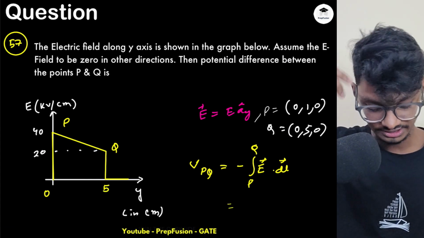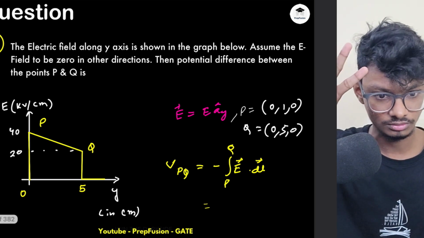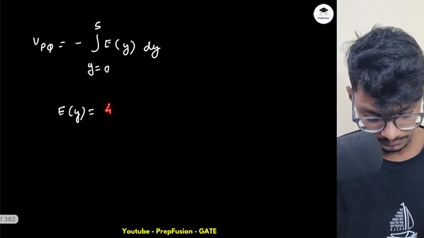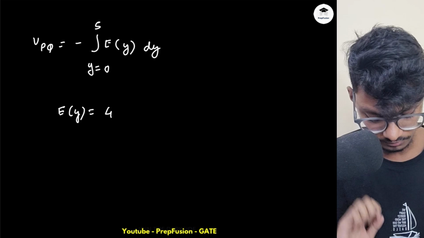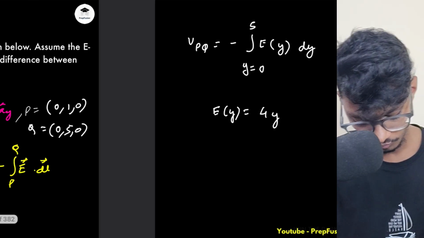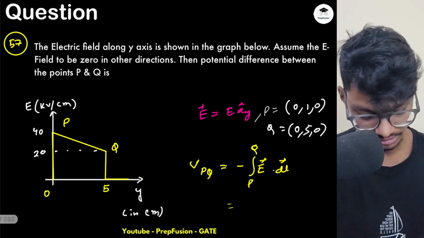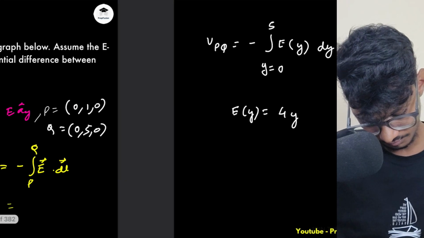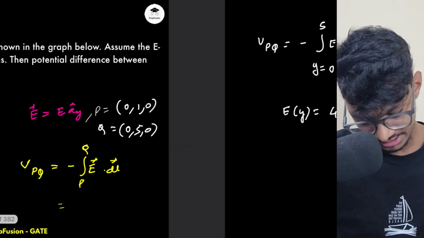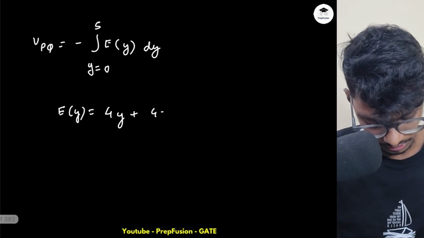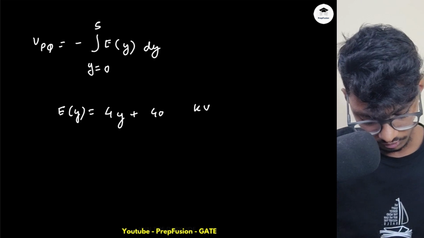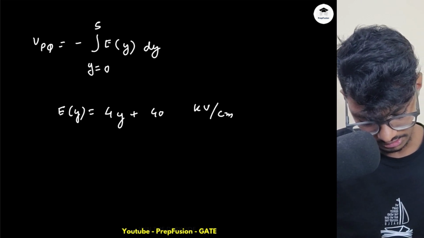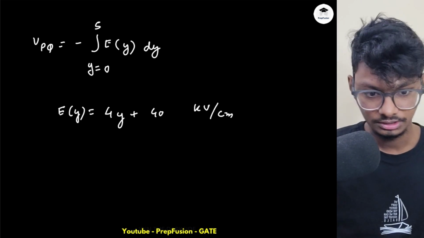Slope is dy upon dx, that is 20 by 5, that is 4. The slope is 4 kilovolt per centimeter, into y, where y is in centimeters, and plus, initially when y is 0, it is 40. This is in kilovolt per centimeter. Fine, so this is correct.